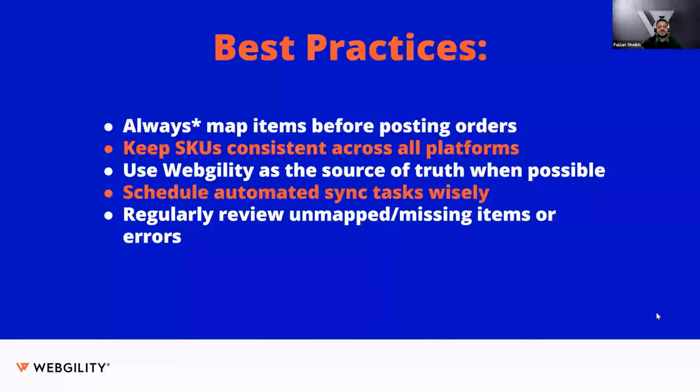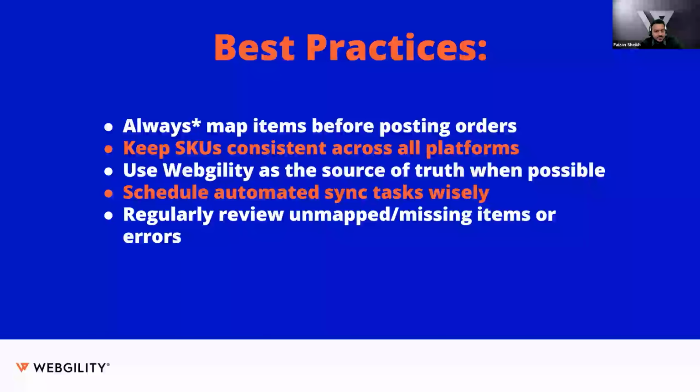And the next one, Faizan, if you want to do the next one. Keep SKU consistent across all channels. That is true. It is really important to ensure that all the item SKUs match. This way, when we refresh the product list, let's say you connected multiple channels, Shopify, BigCommerce, Magento, all online store items have the common SKU that matches the QuickBooks Online item.